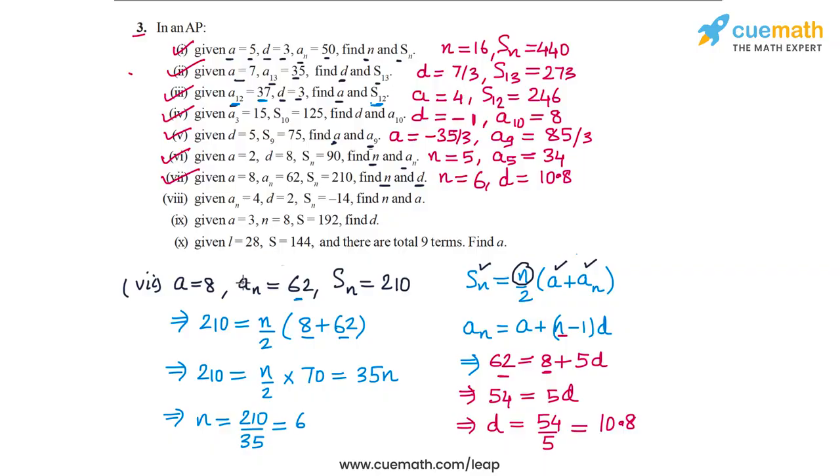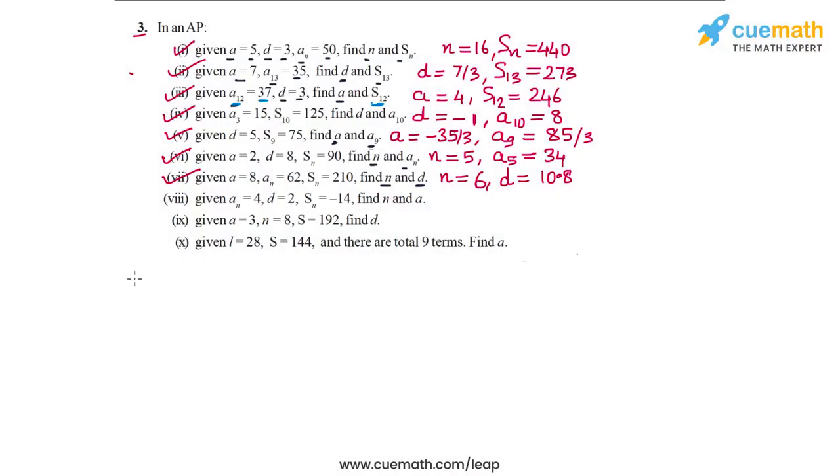Now let's do part 8. Okay, in part 8, what are we given? We're given an is equal to 4, the nth term is 4, d, the common difference, is 2, and Sn, the sum of n terms, is equal to minus 14. And using this, we have to find n and a.